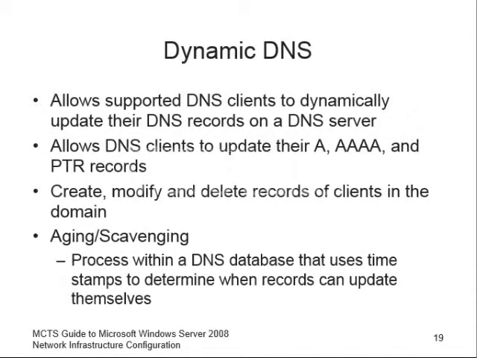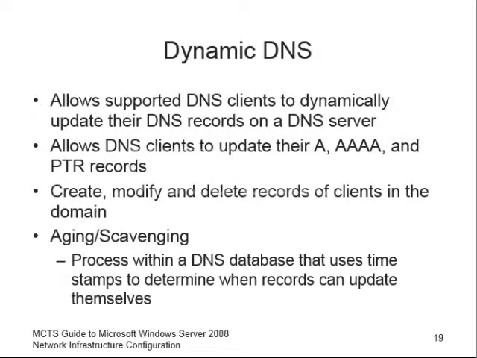DNS scavenging depends on two settings. First, the no-refresh interval, which is the time between the most recent refresh of a record timestamp and the moment when the timestamp may be refreshed again. When scavenging is enabled, this is set to 7 days by default. And second, the refresh interval, which is the time between the earliest moment when a record timestamp can be refreshed and the earliest moment when the record can be scavenged.